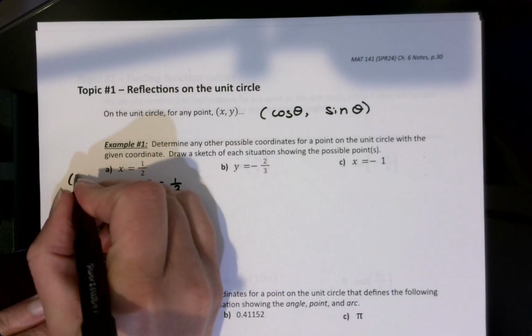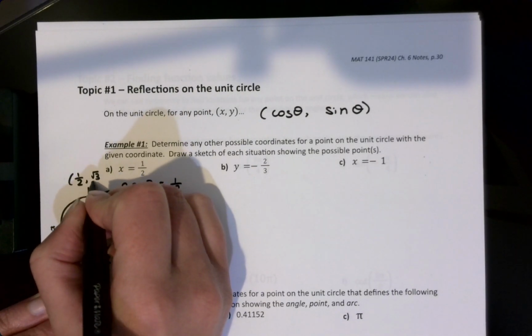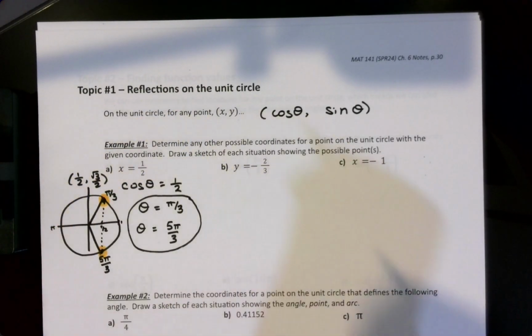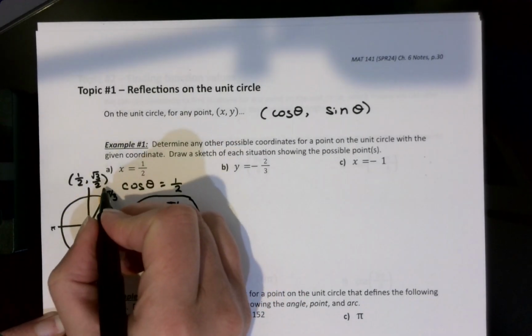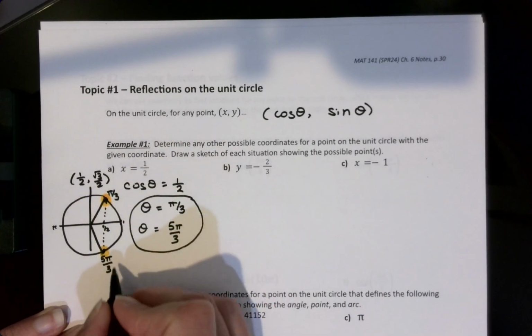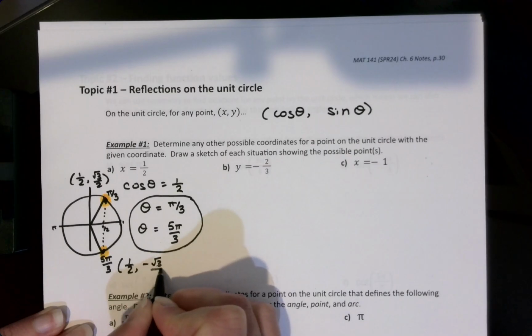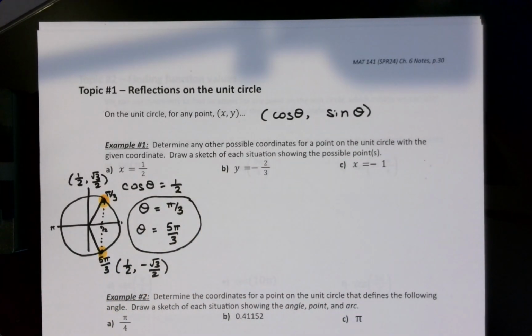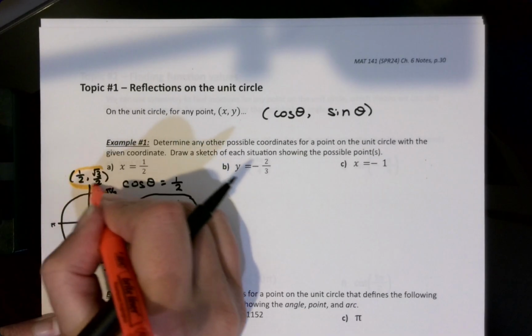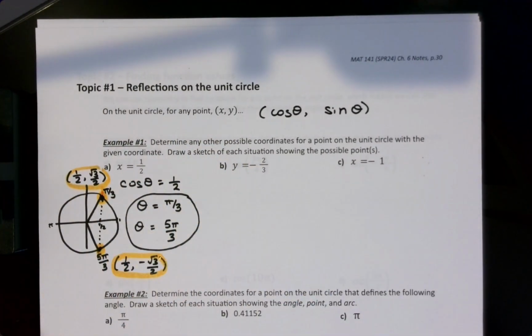This one is 1/2, comma, square root of 3 over 2, knowing that that is the ordered pair that matches for the pi-thirds angle. And then this ordered pair here, of course, is 1/2 with negative square root of 3 over 2. So that's part of what we were asked right here as well, was find the coordinate points for that particular value.